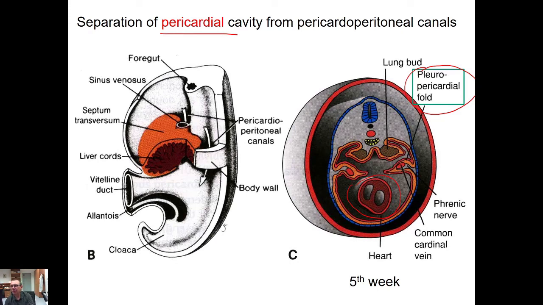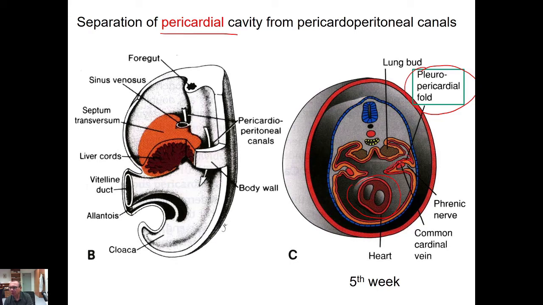They are developing by the growth of lungs. Lungs are growing into the pericardio-peritoneal canals, and they press the tissue laterally to form this evagination, or invagination is better to say.